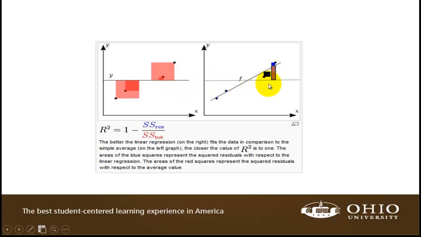When we move over to the graph on the right, we can see that we have the regression equation, and now we still have the difference between y and y bar, but the percentage of that difference that's explained by the regression line is called the explained variation, and that's shown here in the brown, and the unexplained variation is shown in the blue. So we have the total variation, and that's divided up into explained and unexplained. Obviously, we'd like the unexplained variation to be small, which would make R-squared bigger.